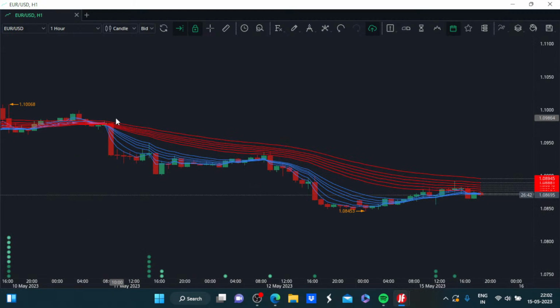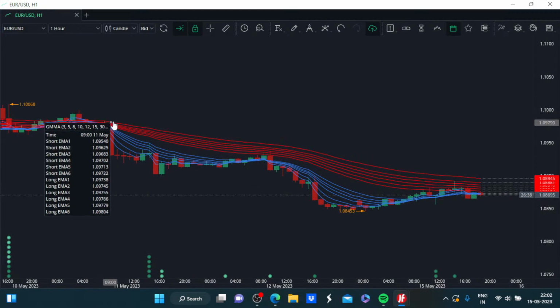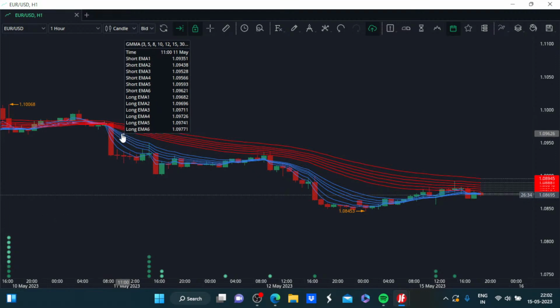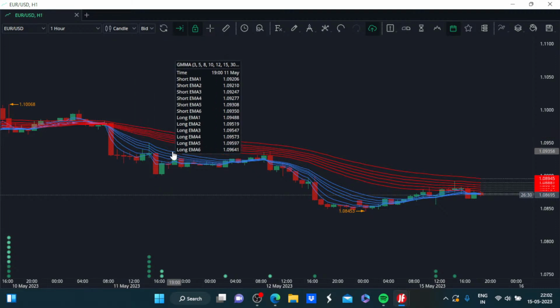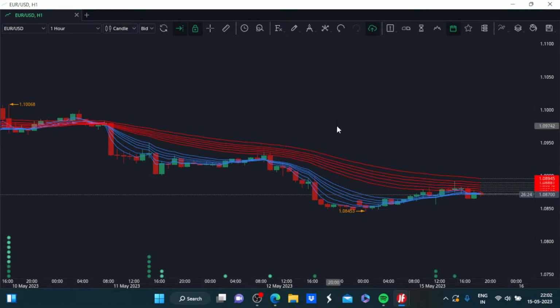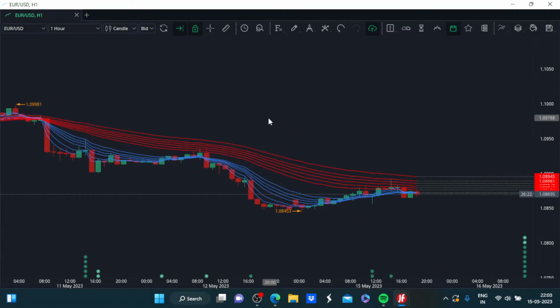If you look at this plotting here, we had this sharp move on the lower side. So this divergence happened where the short length EMAs dropped sharply. But as the price momentum went sideways, we saw the convergence of these EMAs, and fresh momentum again came in later on.